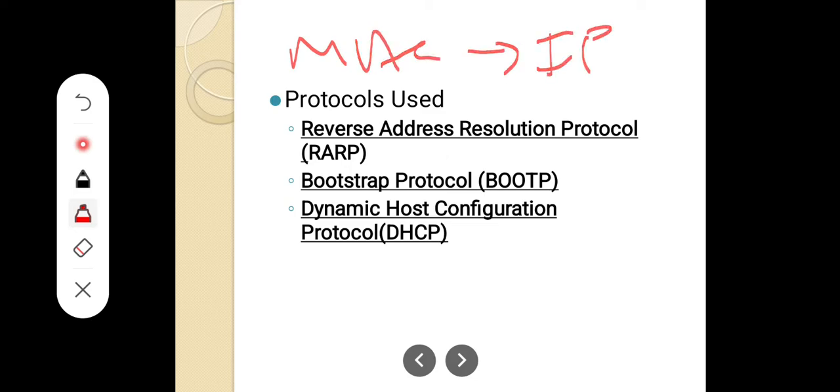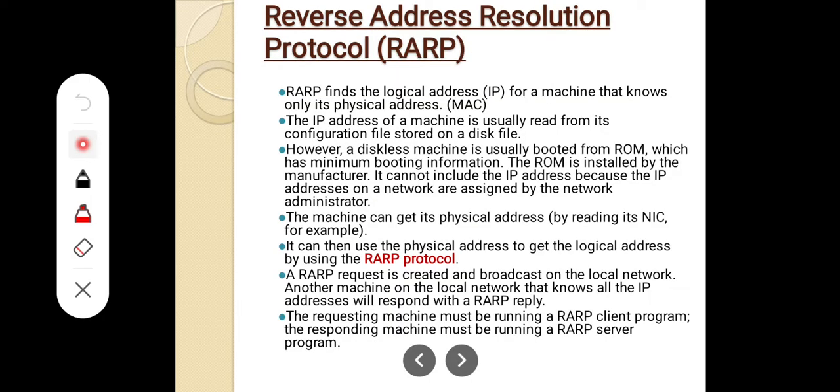For that we use the Reverse Address Resolution Protocol, the Bootstrap Protocol BOOTP, and the Dynamic Host Configuration Protocol. Let us see the Reverse Address Resolution Protocol in detail. RARP finds the logical address, the IP address, for a machine that knows only the physical address.